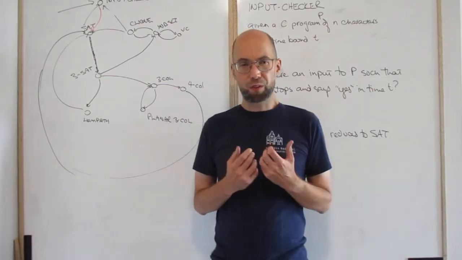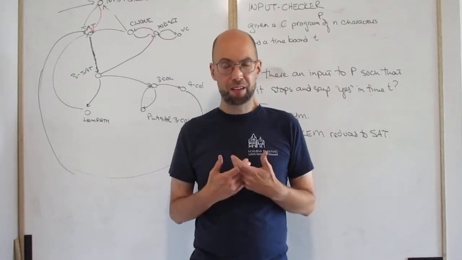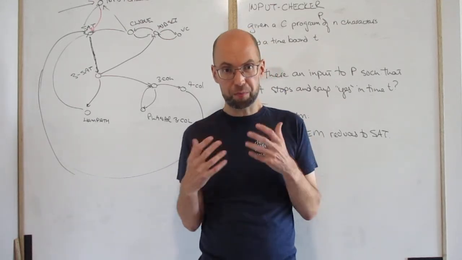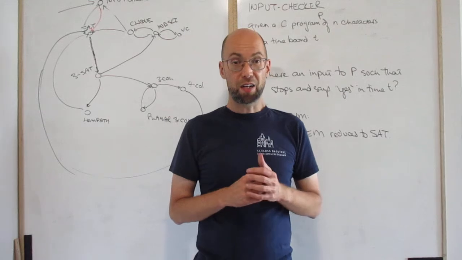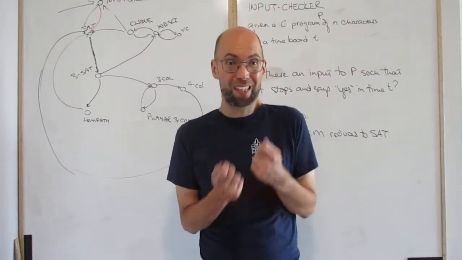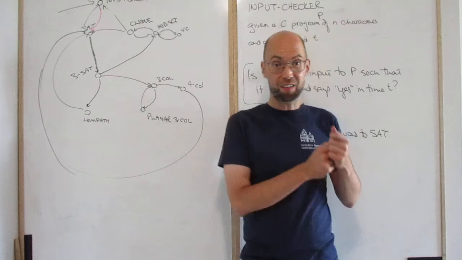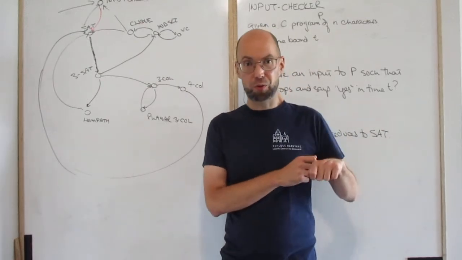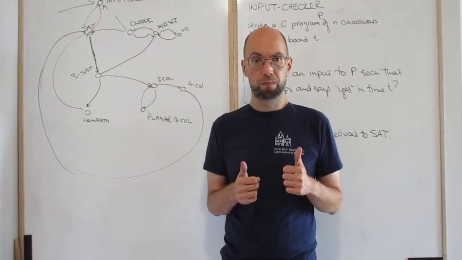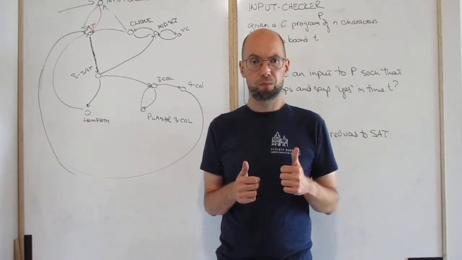So the program has to run in some time bound, and you want to write a formula that's satisfiable if and only if there's an input to this program that makes it say yes. People following?